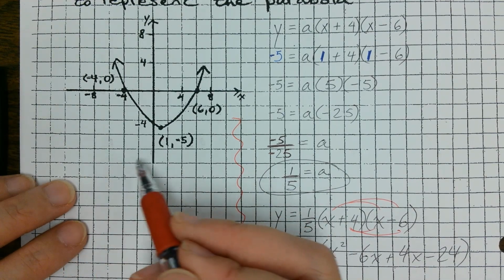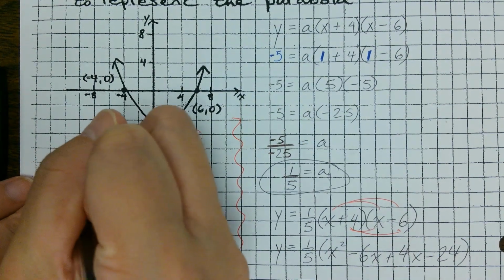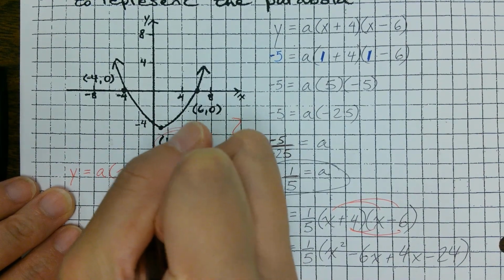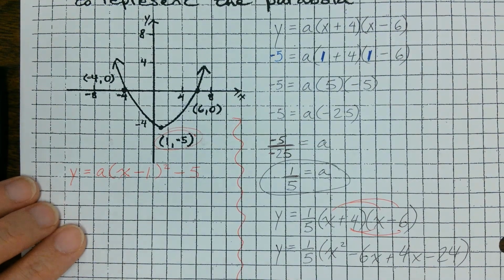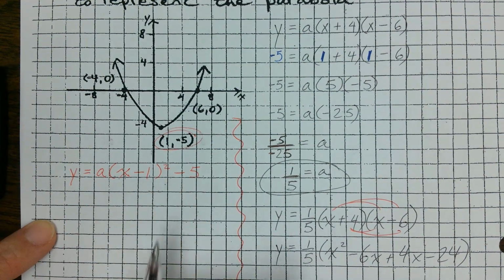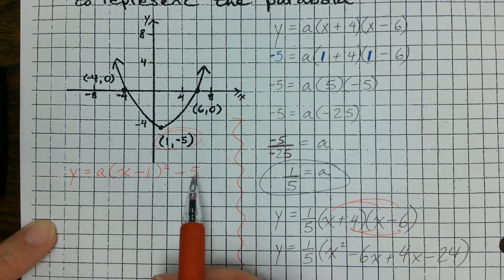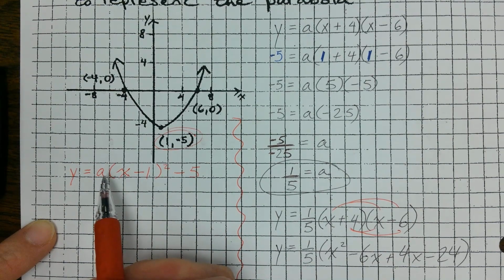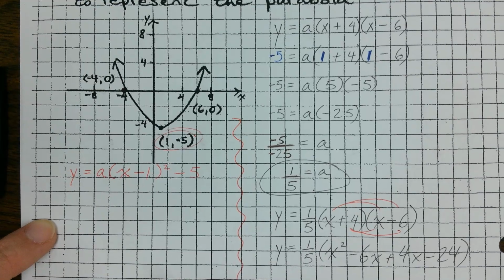Now I'm going to do it with the vertex. So using the vertex, I'm going to write it in vertex form. Y equals a times x minus 1 squared minus 5. Okay, you see this is vertex form using the 1, negative 5. Okay, again, you have to have that a in there. That was the whole purpose of doing all this work, to find out what a is.